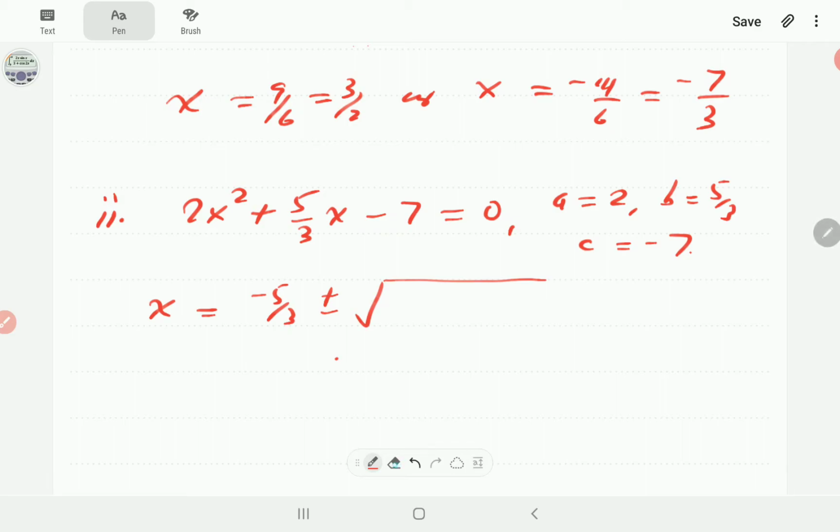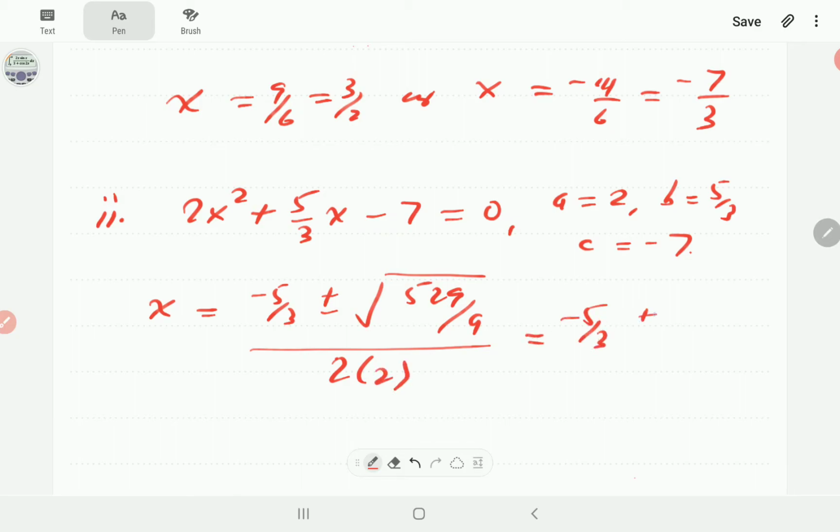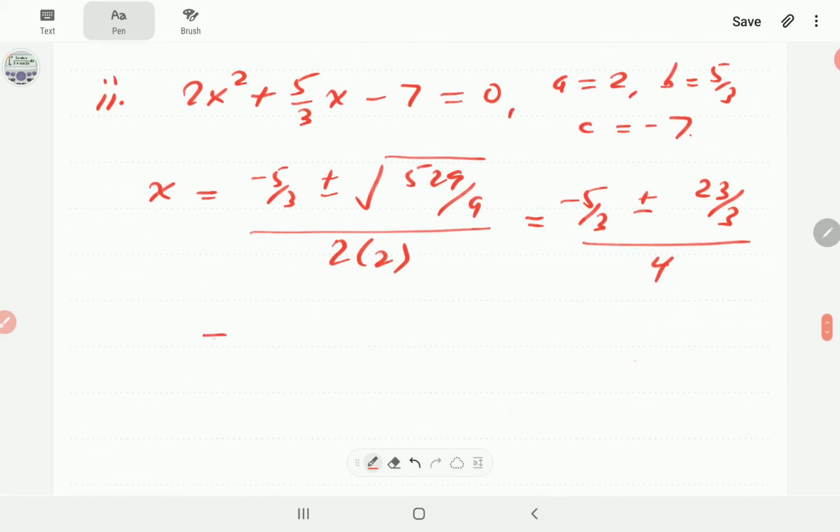We have already worked out in part 1 that it was 529 over 9. And then this is divided by 2 times a. So this is going to be minus 5/3 plus or minus 23 over 3, all divided by 4.